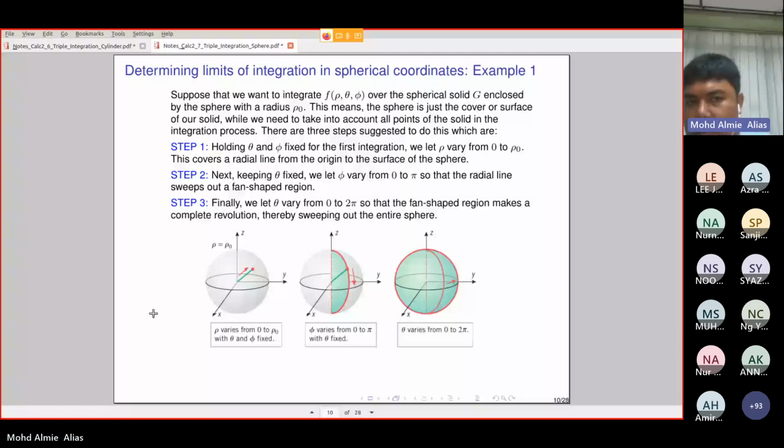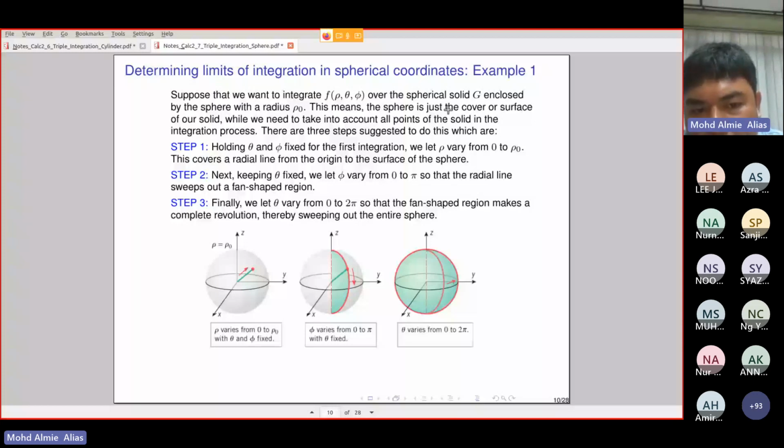So, determining limits of integration in spherical coordinates. Suppose we are given a certain function f. We don't know what the function actually is, but we want to integrate f over our domain, which is the solid.